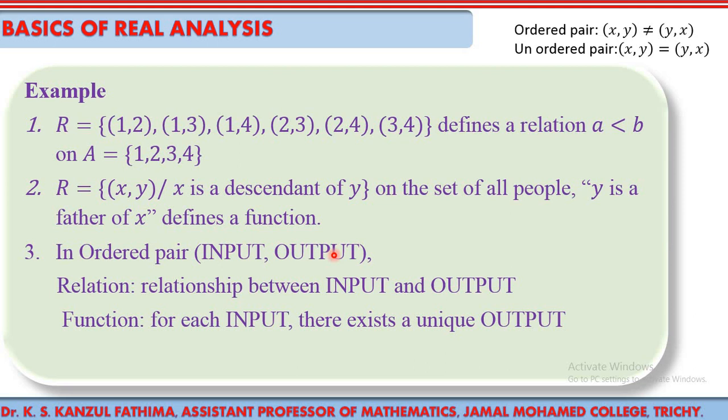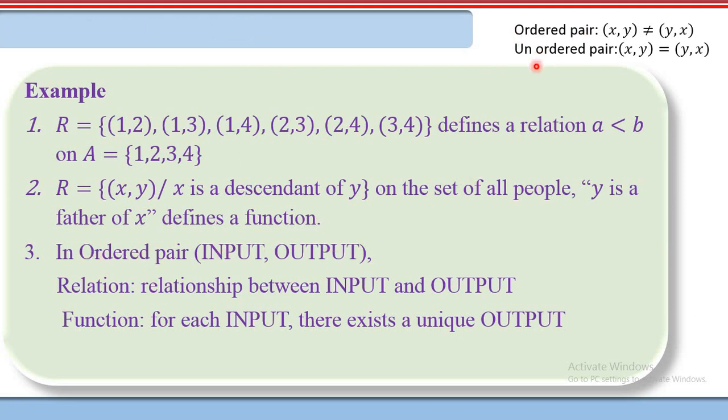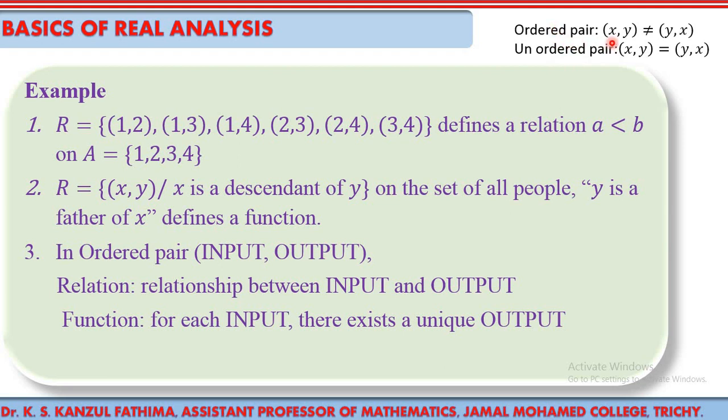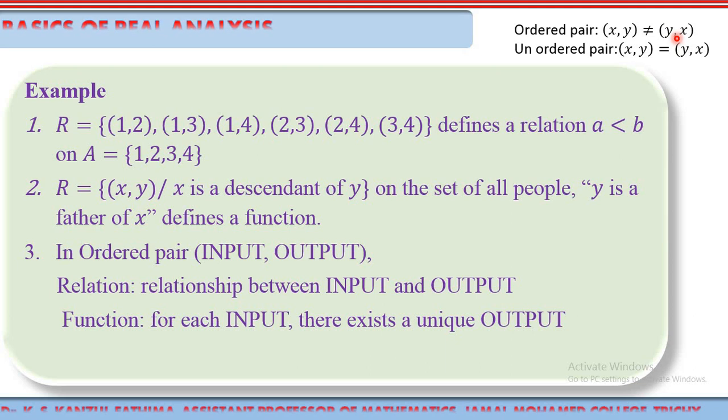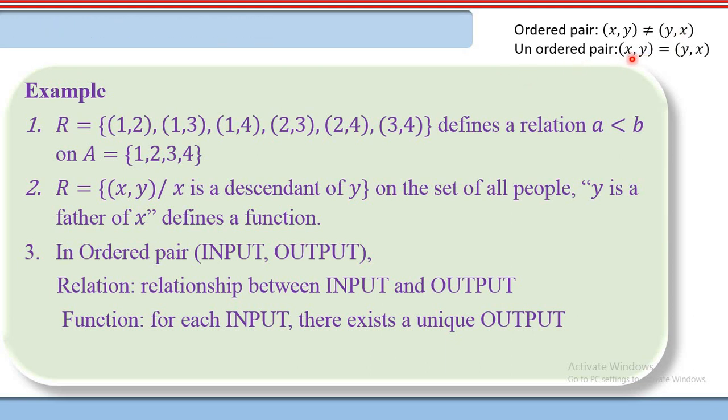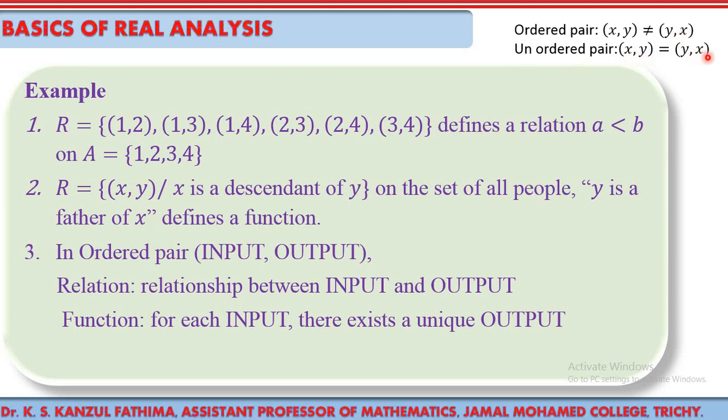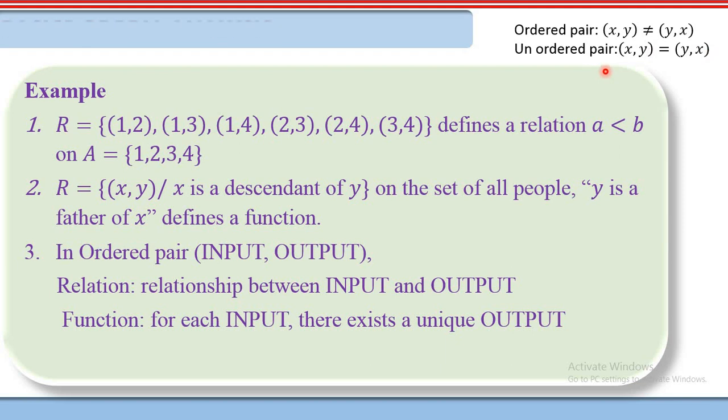In this slide, you have to know what an ordered pair is. Ordered pair versus unordered pair. Ordered pair means the pair (x, y) is not equal to (y, x), and unordered pair means the pair (x, y) equals (y, x). For example, consider the distance between 2 points x and y.